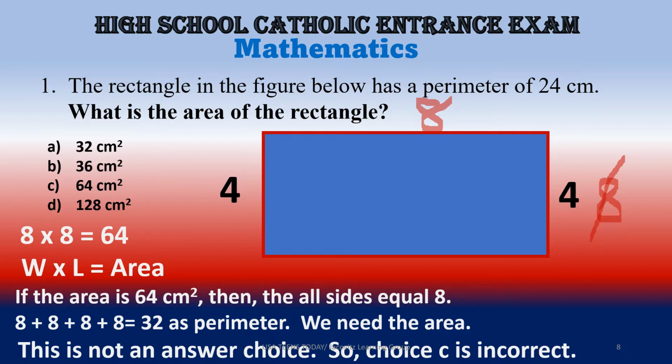And they've already told you that 24 cm is your perimeter. So 8 times 8 would be 64 as an area, because area equals length times width. But you can't do that, because then you'd have 8 times 8, and then you'd also have 8 here, 8 here, 8 here, and 8 here, and that would be too much. So now choice C is out.